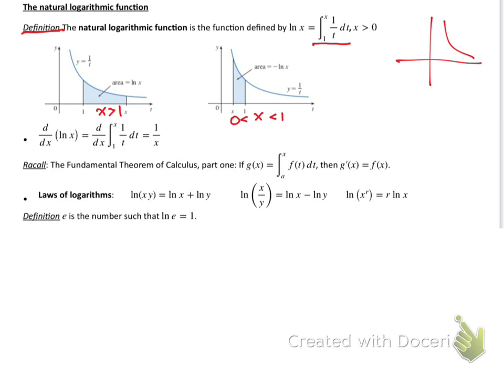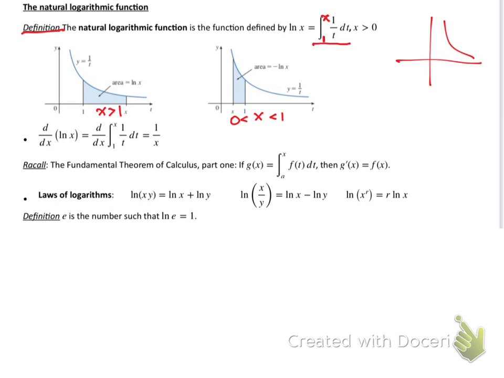When x is less than 1 but still greater than 0, the integral from 1 to x becomes negative, in the sense that the lower limit, 1, actually is higher, but the upper limit, x, is lower.